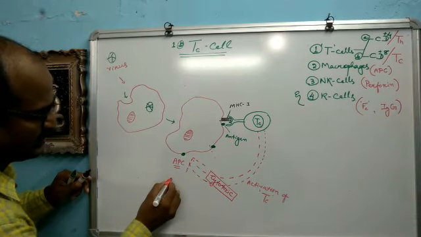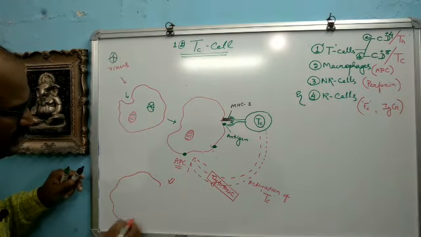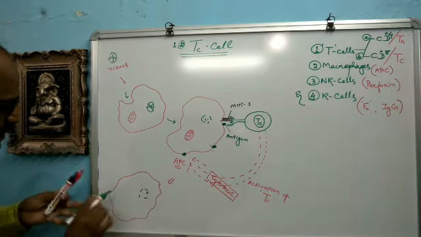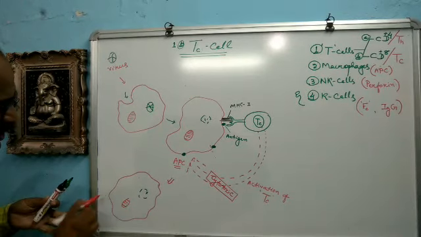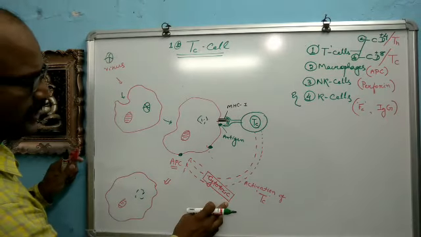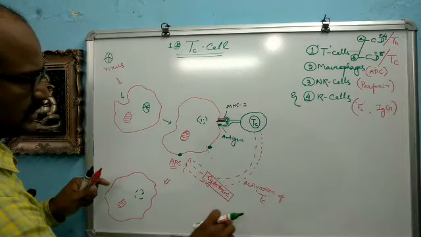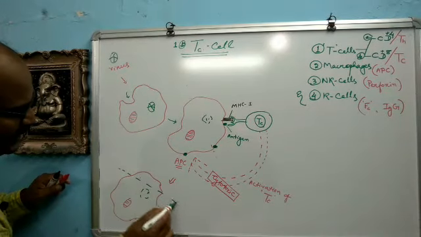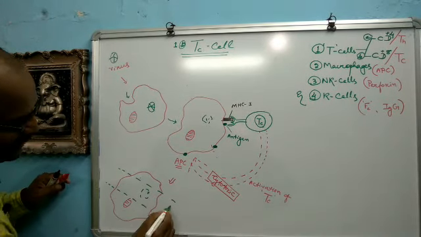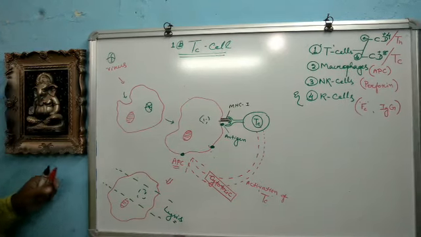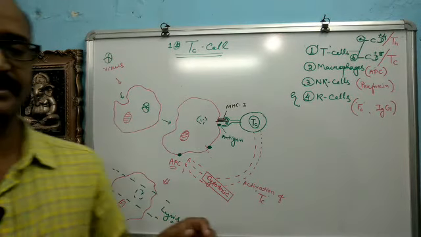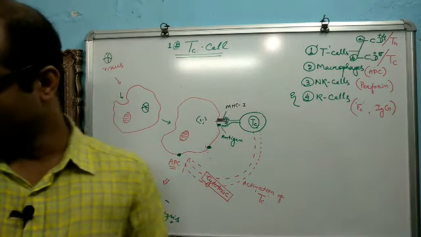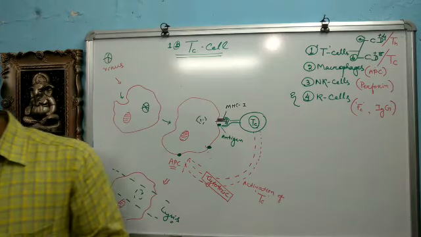Let me draw another figure here. The viral infected cells, suppose that this is the fragment of virus. This is the nucleus. Because of the cytotoxicity of the cytotoxic TC cell, the viral infected cells get lysis, which prevents the proliferation of virus inside the APC or antigen presenting cell or the viral infected cell.